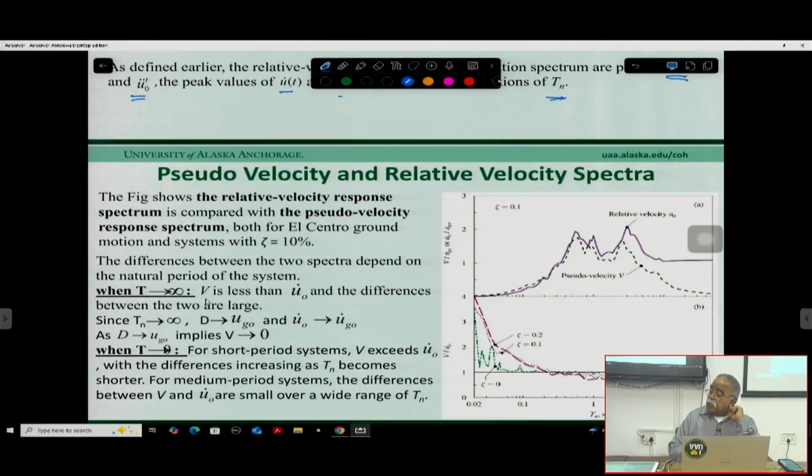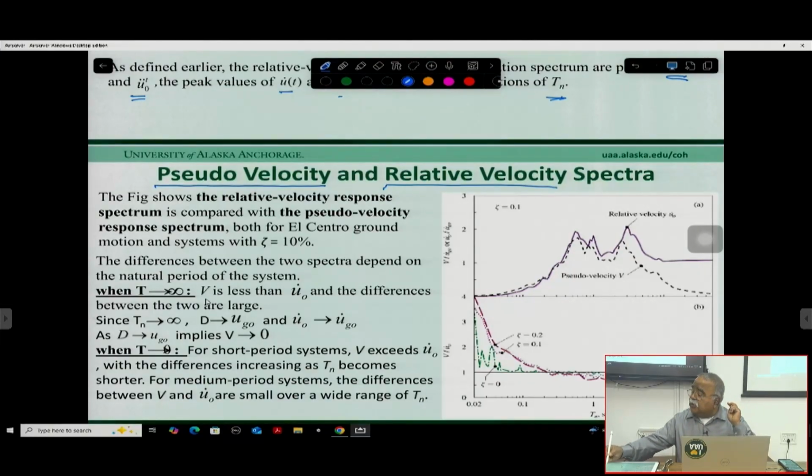Now, two things. One, you need to understand the pseudo velocity and relative velocity spectrum. These are two different things. So this is the pseudo velocity and the relative velocity part.